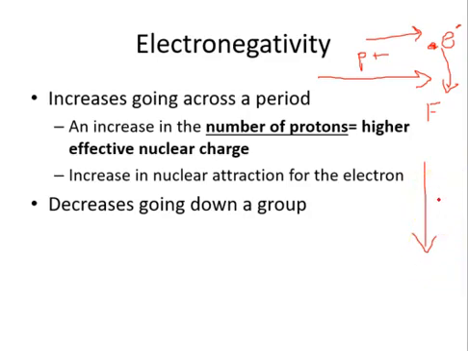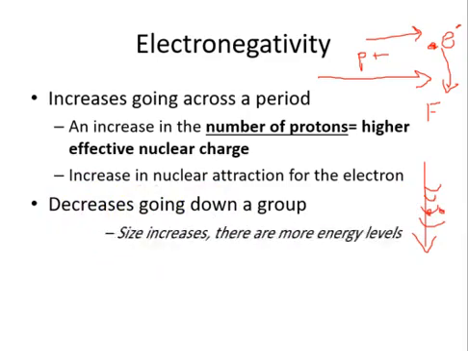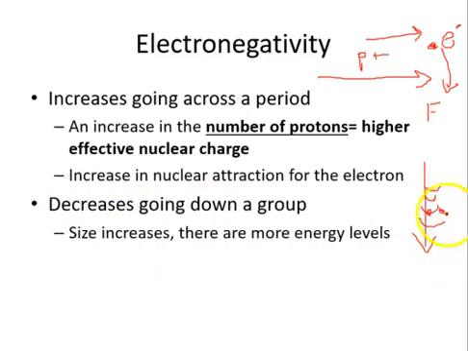The two reasons were we kept on getting new energy levels and we kept getting shielding electrons. Okay, that's the same reason we're going to decrease now in our electronegativity. Every time we get a new energy level, the electrons get further and further away from your positive nucleus. So I've got a nucleus here in the center that's positive.